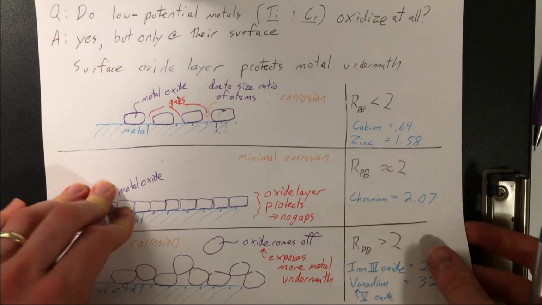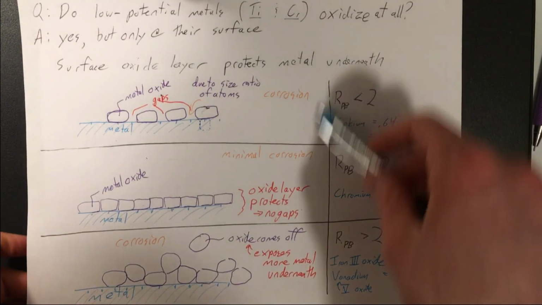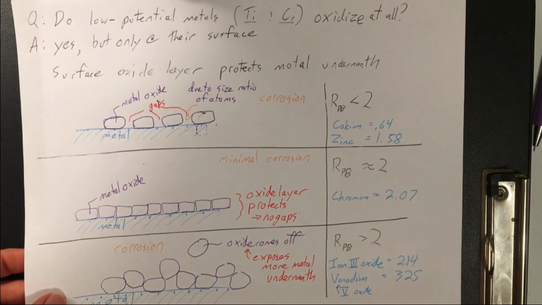All right, so let's think about some of these Pilling-Bedworth ratios in the context of actual uses of biomaterials, and in particular metallic biomaterials.